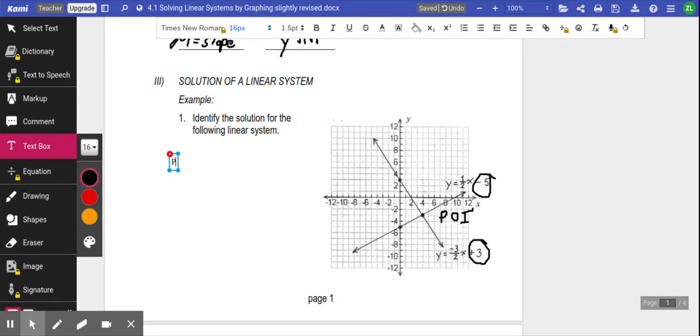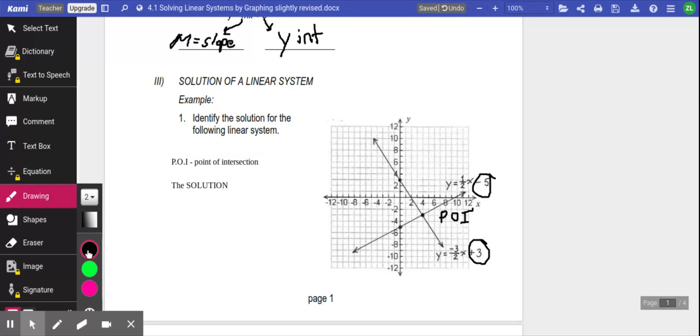Another word for this is the solution. So this point right here is our point of intersection, and all we do is find its coordinates now.